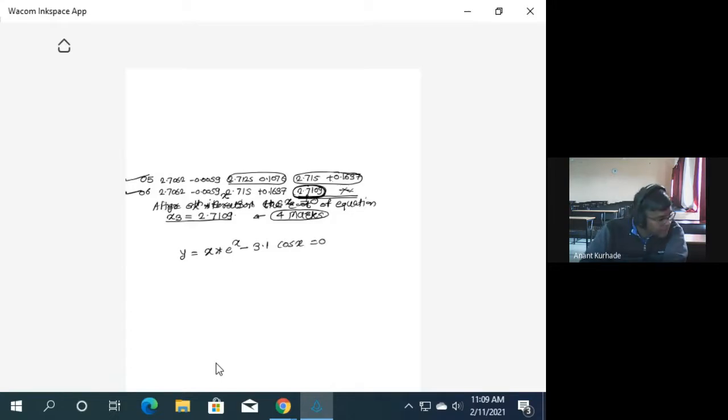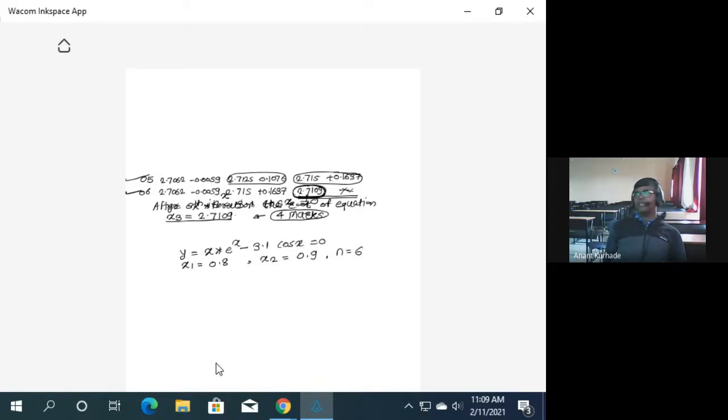And initial guesses x1 is equal to 0.8, x2 is equal to 0.9, and n is equal to 6.